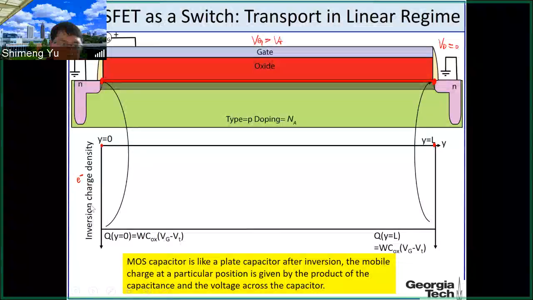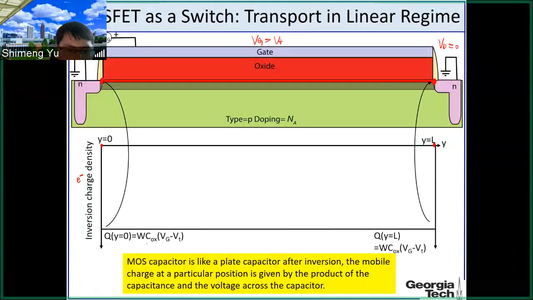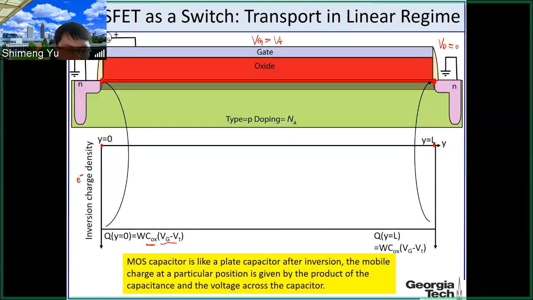And the inversion charge density here is given by this formula. This is from the last lecture. We talked about when the gate voltage is above the threshold. If you have additional gate voltage, this additional voltage will introduce more inversion charge. So the charge density is given by the capacitance of the oxide, COX, multiplied by the voltage.